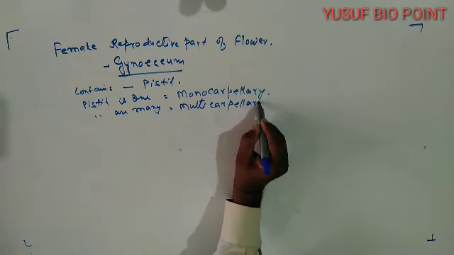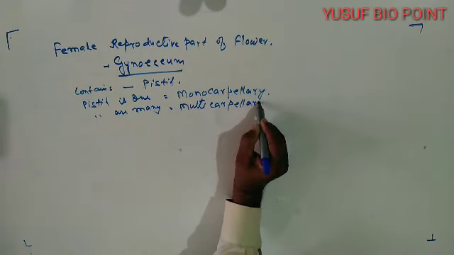And when the pistils are joined, or fused, they are called syncarpous. So, if they are independent, it means apocarpous, and if they are joined or fused, then they are called syncarpous.